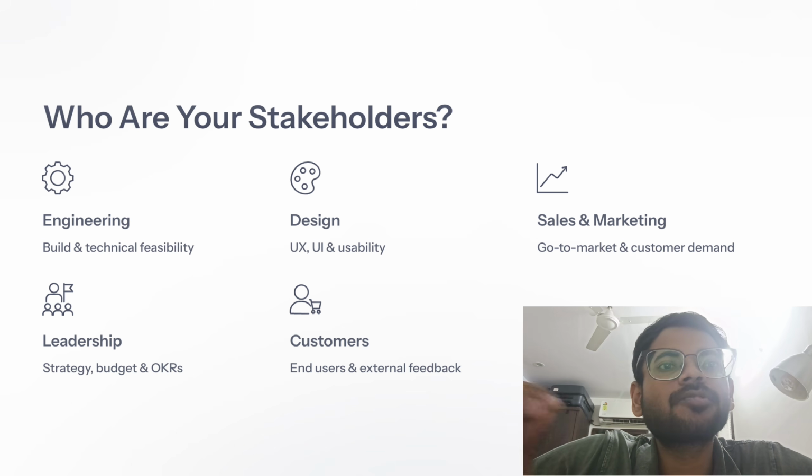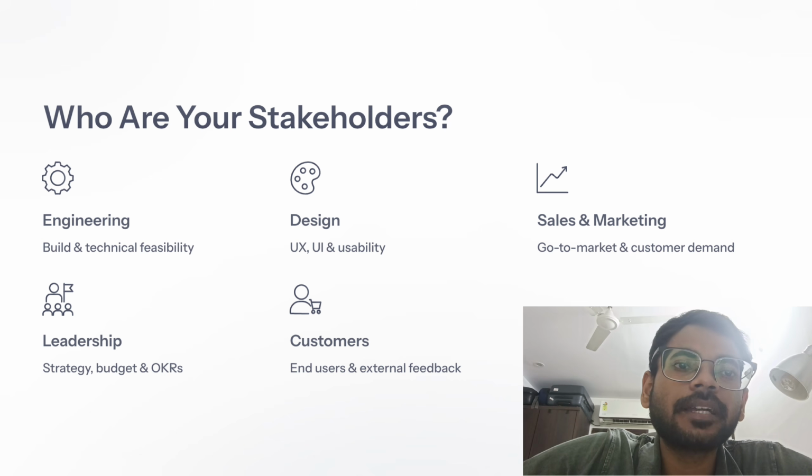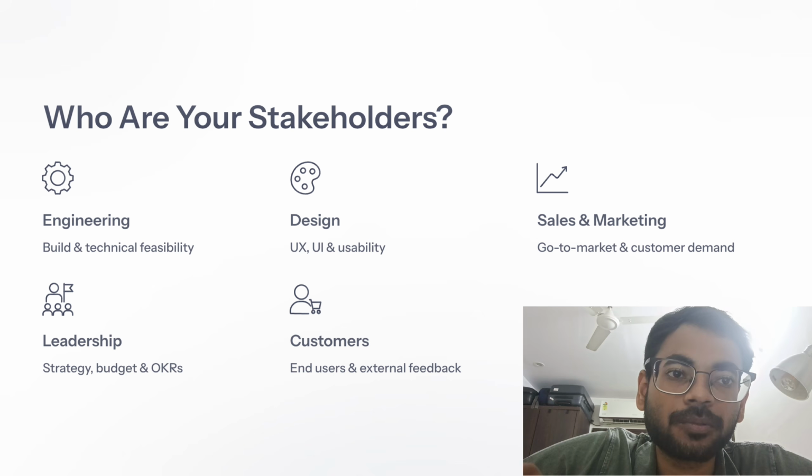So let's start with engineering. Now a product manager should understand what the other person is interested to listen. In this case, when a product manager is interacting with an engineering head or a developer, then the product manager should understand what a developer cares about.